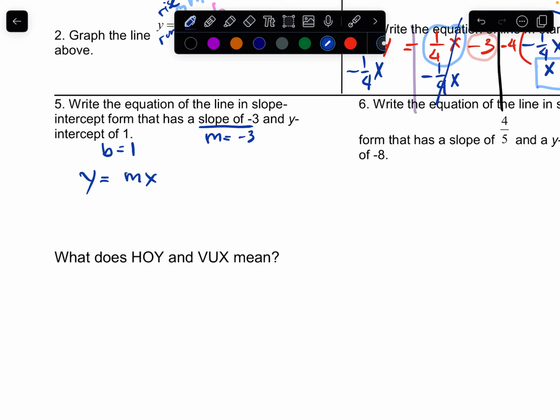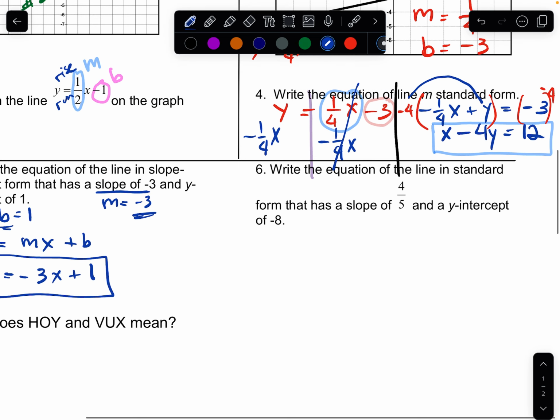So remember, y equals mx plus b. So y is equal to negative 3x plus our b, which is right here, that is 1. Good.